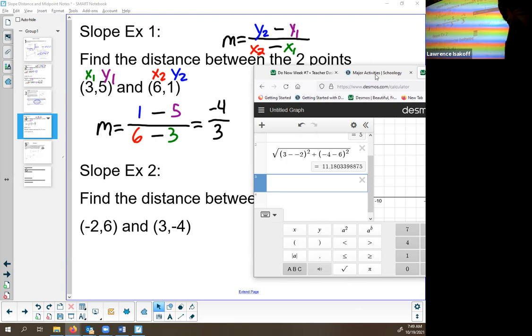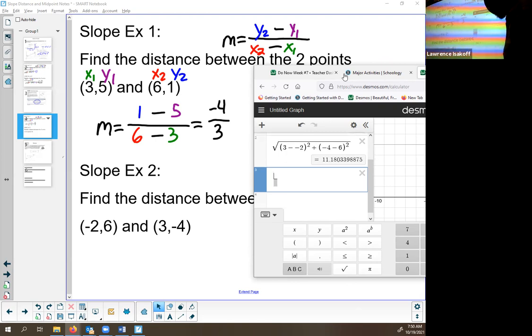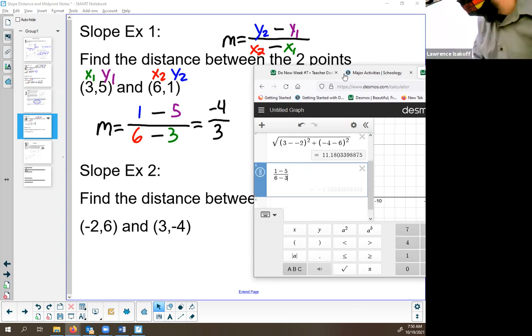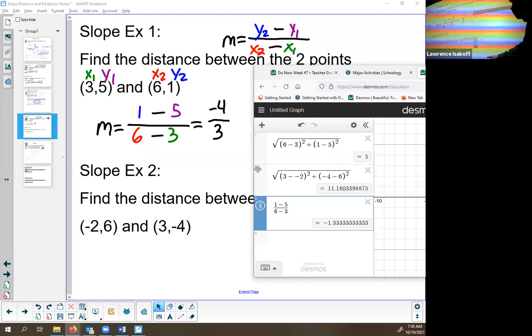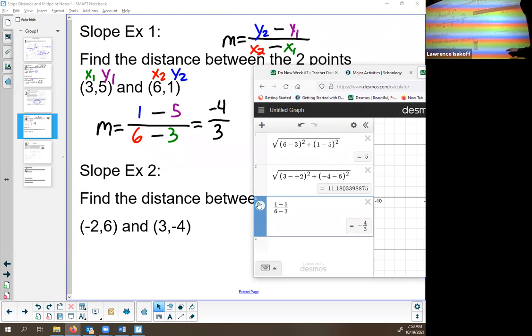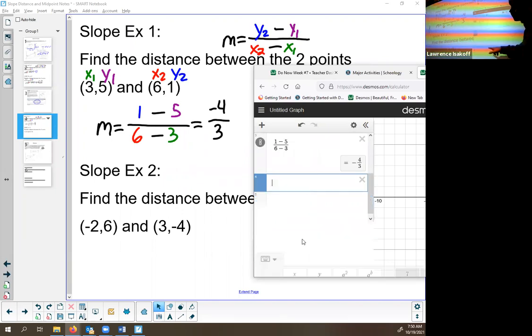The first thing we want to do, since it's a big division, is I want to hit divide to create my fraction. 1 minus 5 over 6 minus 3. Now, it is giving me a decimal here. If I hit the little fraction button right here, there we go. It turns it into a fraction, negative 4/3.